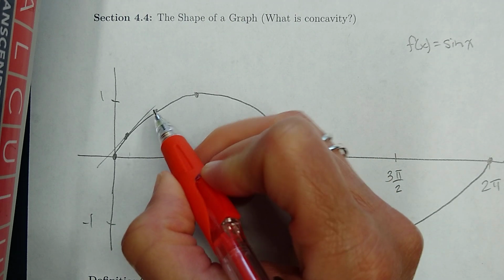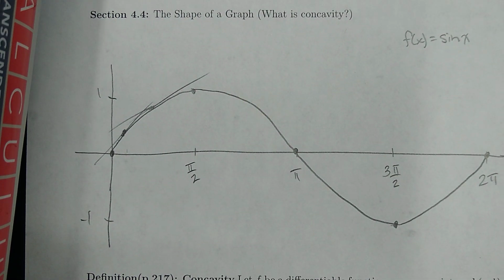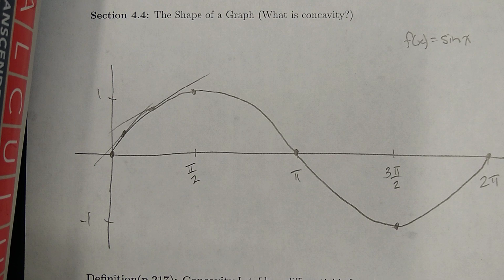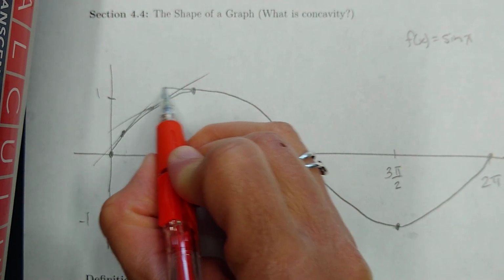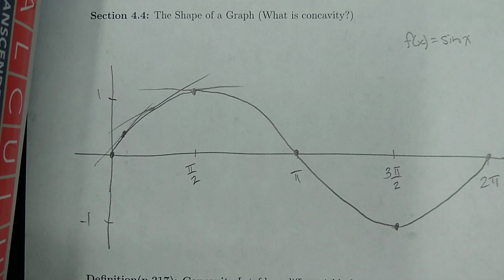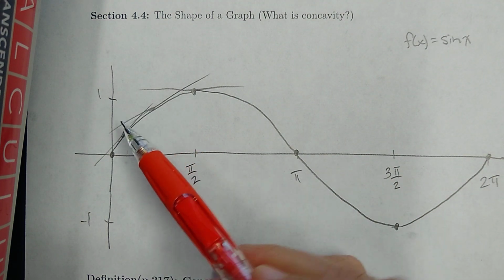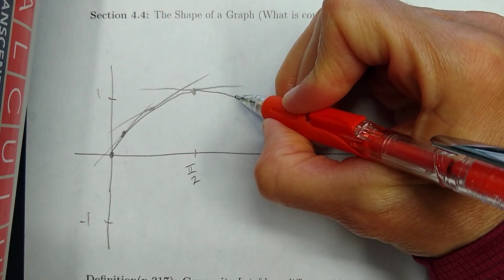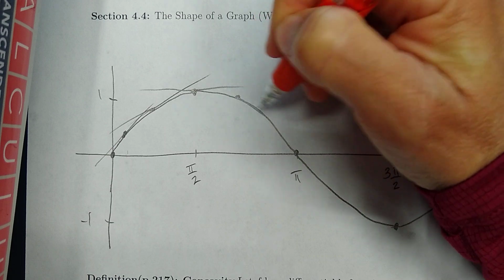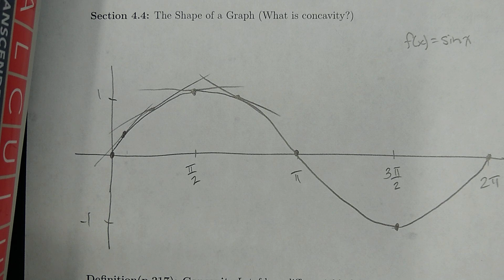Let's take the slope of the tangent line a little farther on. It's still positive, but it's a little bit less steeply sloped. Here, the slope of the tangent line is no longer positive. The slope of the tangent line is 0. Our tangent line is flat there, or horizontal. And so we're going from steeply sloped, less steeply sloped, 0 slope. If we continue moving to the right a little bit, now our tangent line is a line with negative slope.